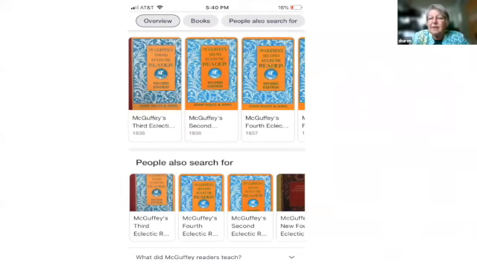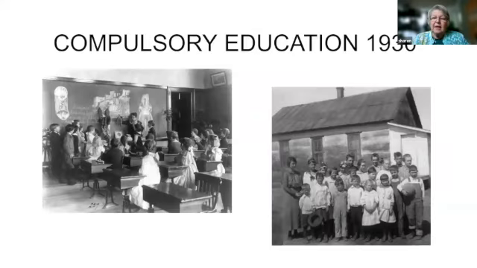During this period of time, a teacher wrote a series of books called the McGuffey Readers. And these books gave the children something to read. They were very heavy in excerpts from literature, speeches, poems, and a lot of moral teaching, not overly religious, but definitely moralistic.